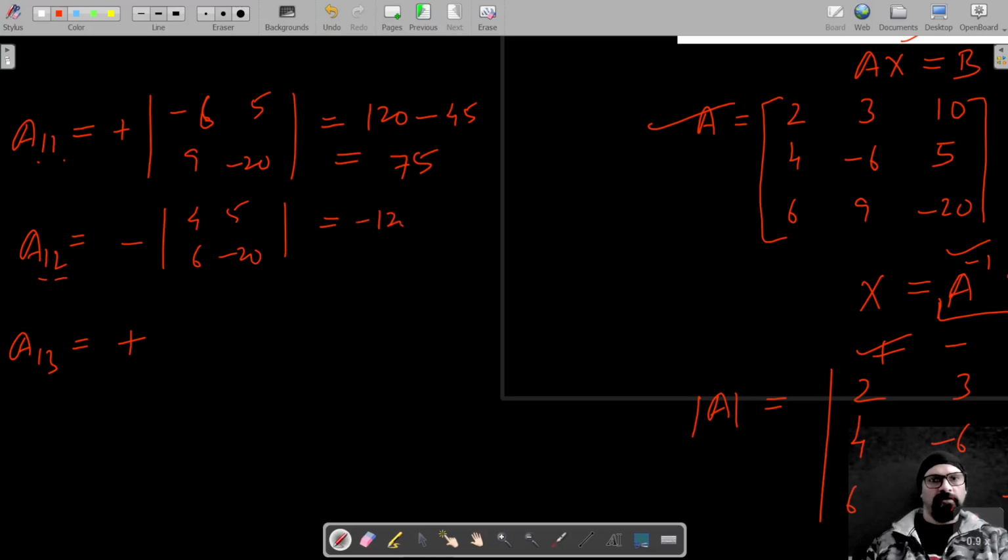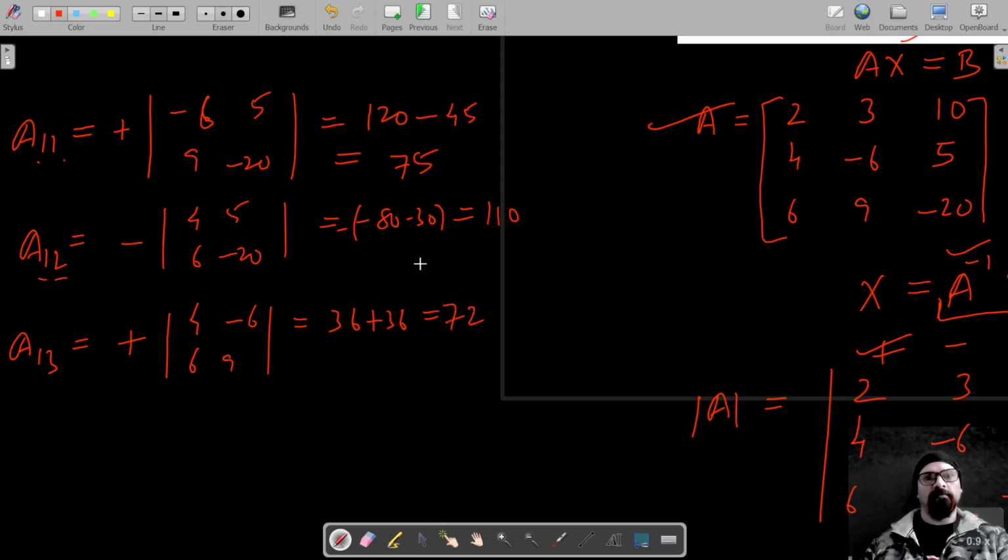So this is the negative of 4 into negative 20, which is negative 80, minus 30, which is equal to negative 110, so the cofactor is 110. Let's find out A13, removing the row and the column: 4, negative 6, 6, 9. So 36 plus 36, which is equal to 72.